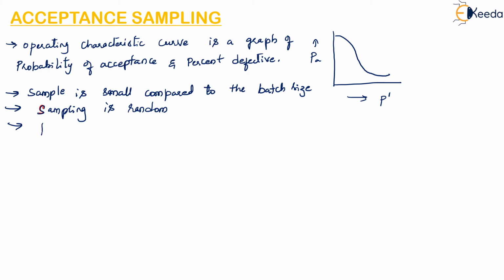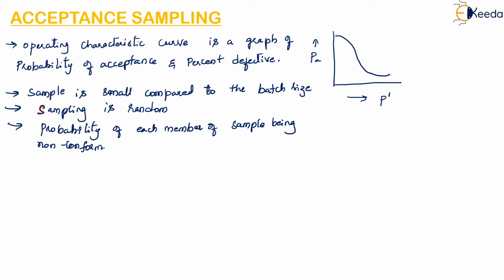Then the probability of each member of the sample being non-conforming may be taken as constant.